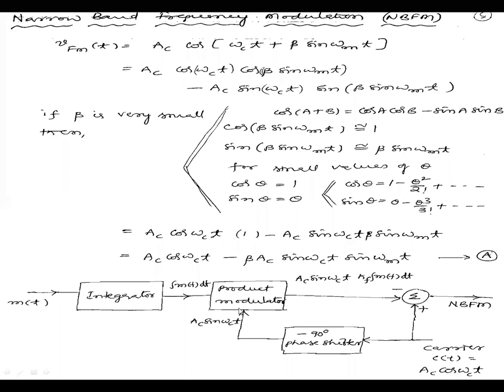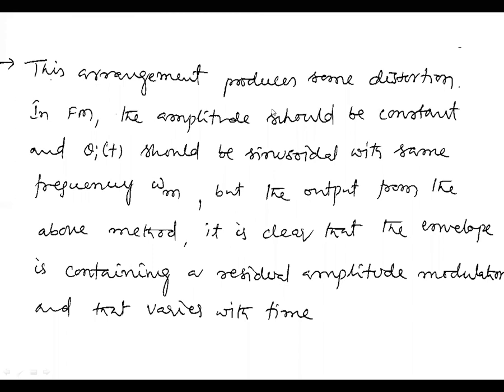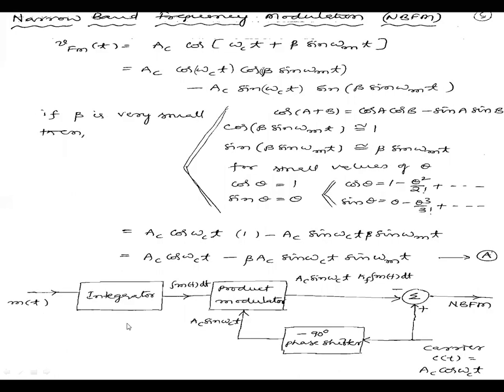Okay, now this arrangement produces some distortions in frequency modulation. The arrangement is the integration of m of t given to a product modulator, and the carrier is given to a 90 degree phase shift.